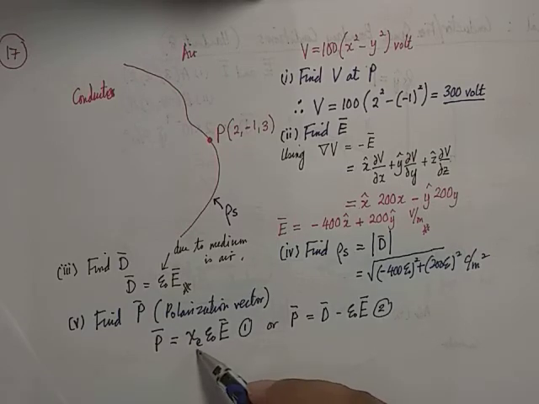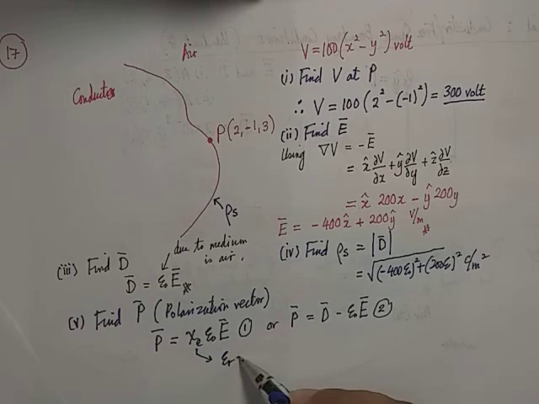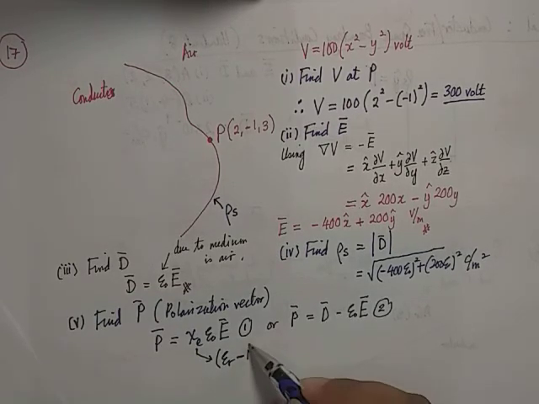We know that electric susceptibility is equal to epsilon R minus 1. That should be how we define electric susceptibility: relative permittivity minus 1. And for air, what is our epsilon R? Yes, 1. So 1 minus 1 is 0.